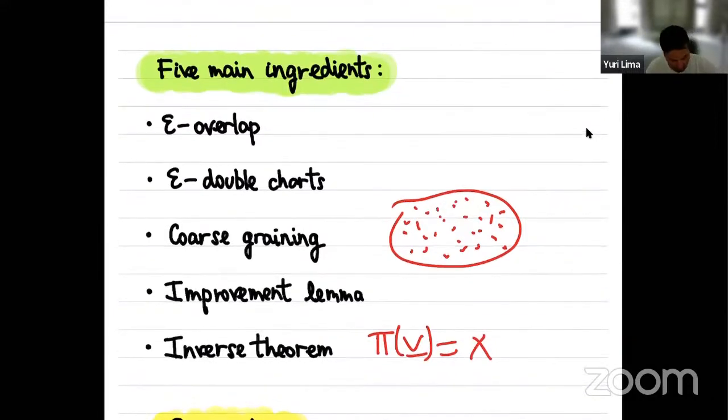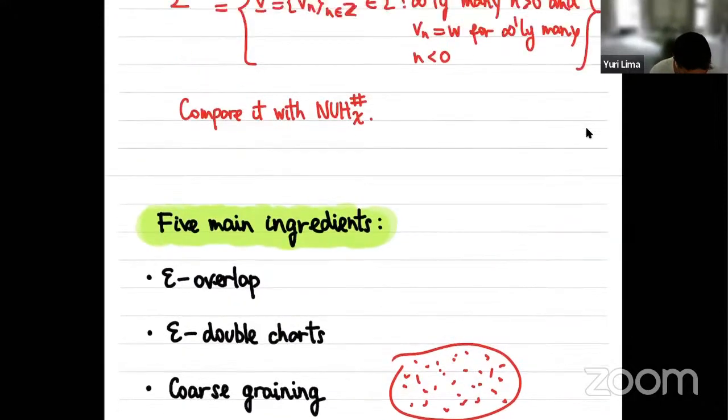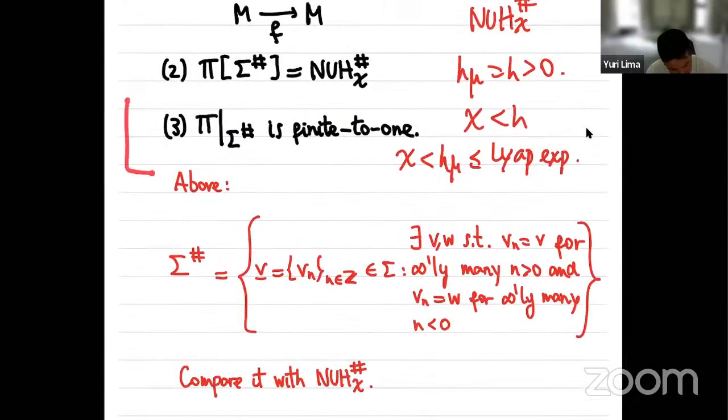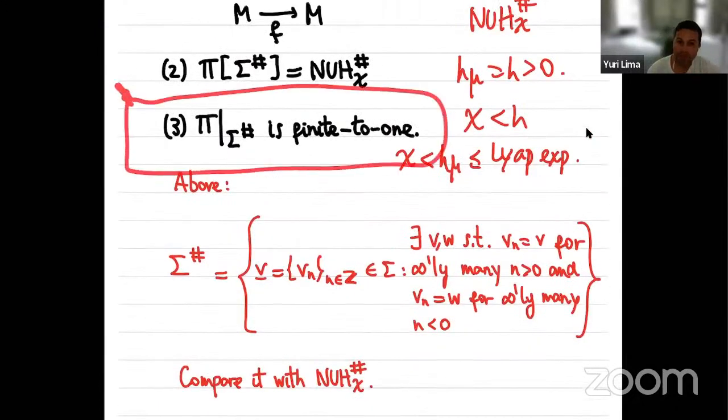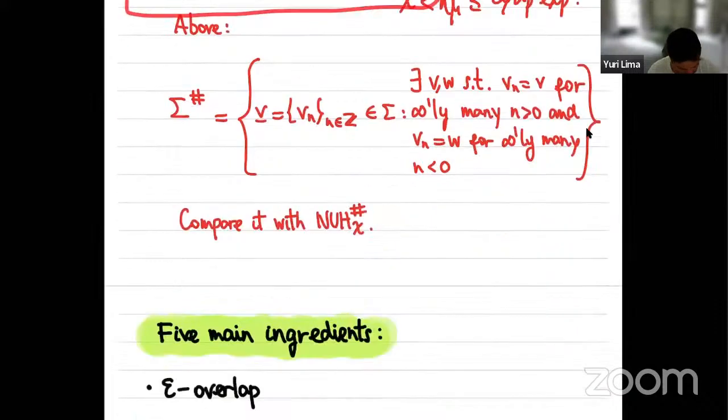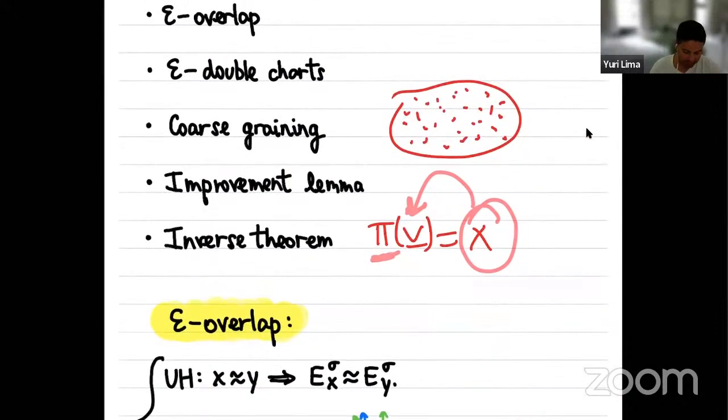What can we say about phi if we know X? So we are trying to understand the inverse image of X, the fibers of this coding map pi. This is an important and necessary question in order to prove the finite-to-one property here. We have to solve an inverse problem, so we have to prove an inverse theorem.